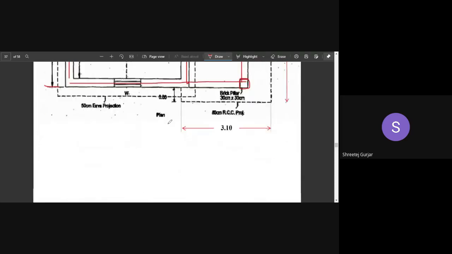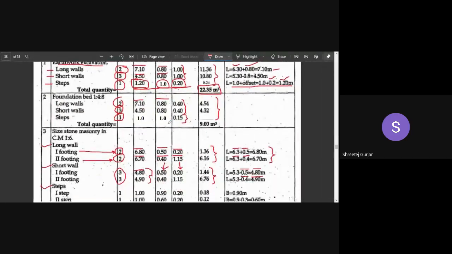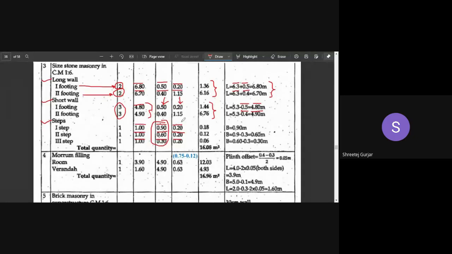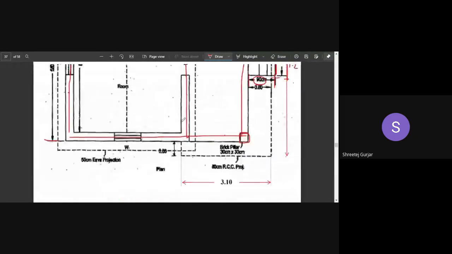That is how you calculate for each of the steps. The thickness, or rise, of one step is 0.2. Similarly, for the second step it will be 0.6, and the height is the same for all the steps. Only the breadth will vary. Only these quantities will vary.